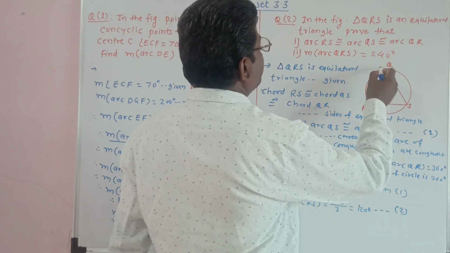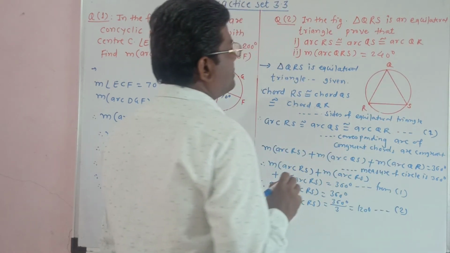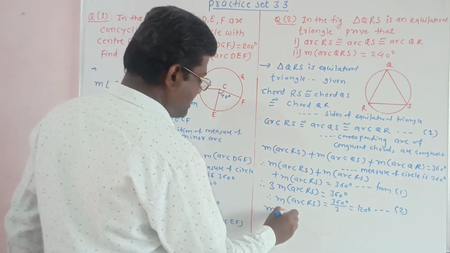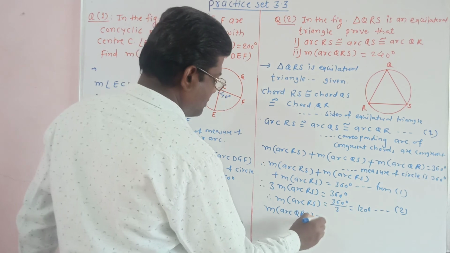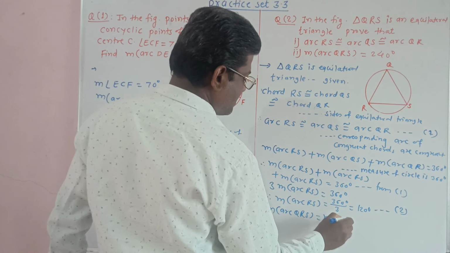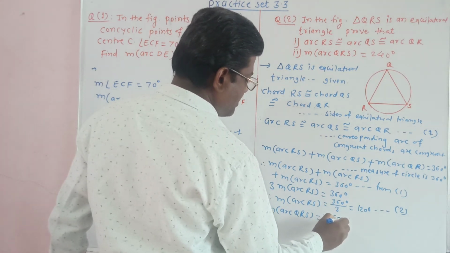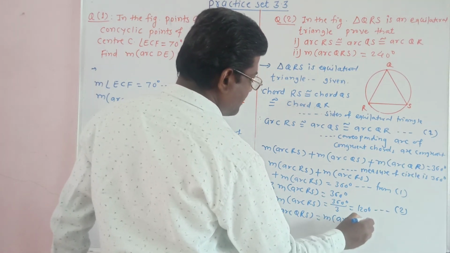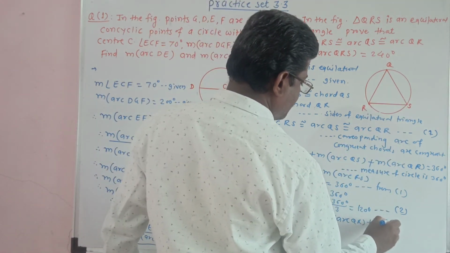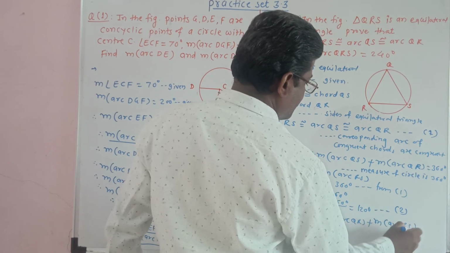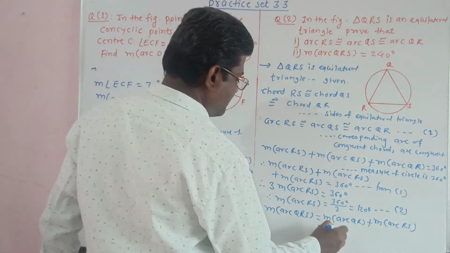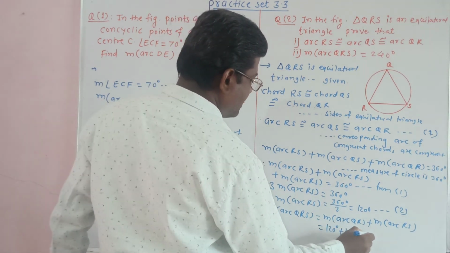Now we have to find measure of arc QRS. Measure of arc QRS is equal to measure of arc QR plus measure of arc RS, so is equal to 120 degree plus 120 degree.